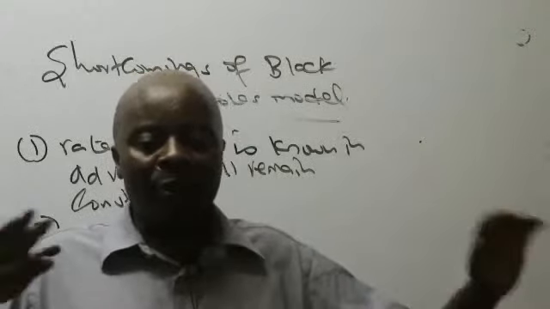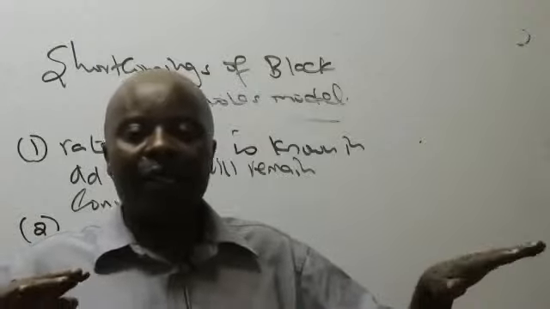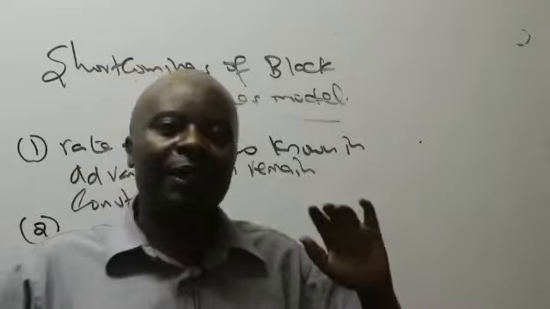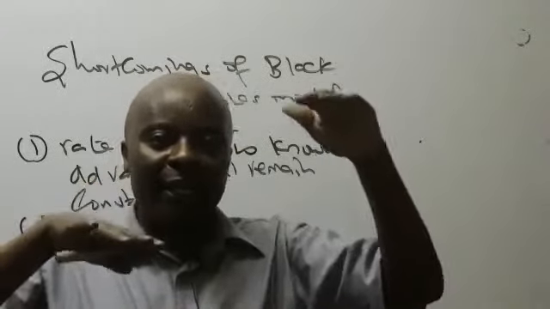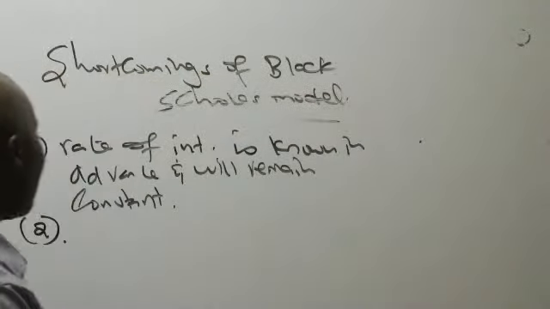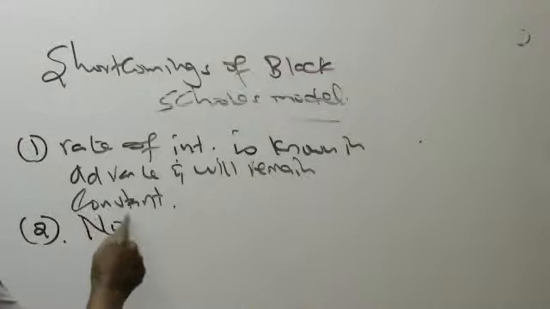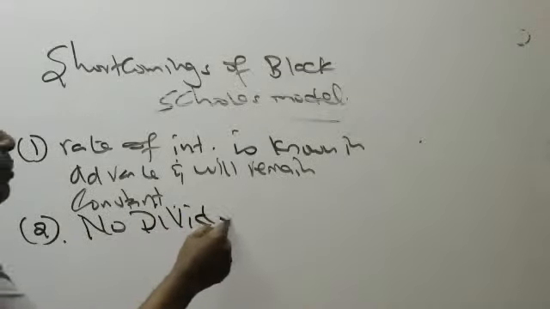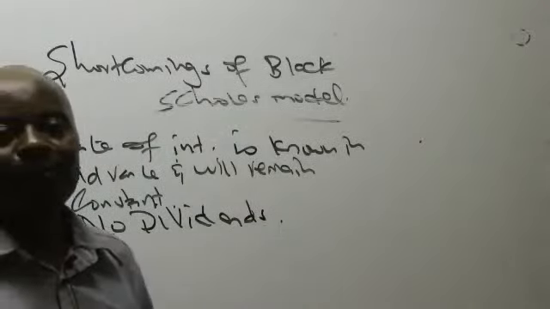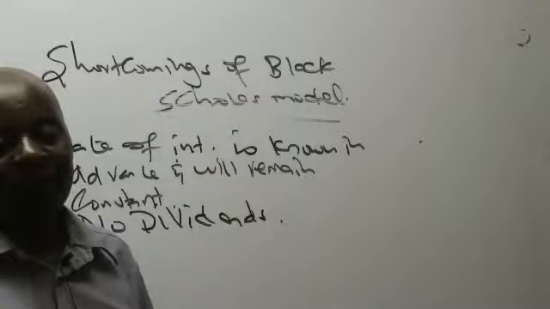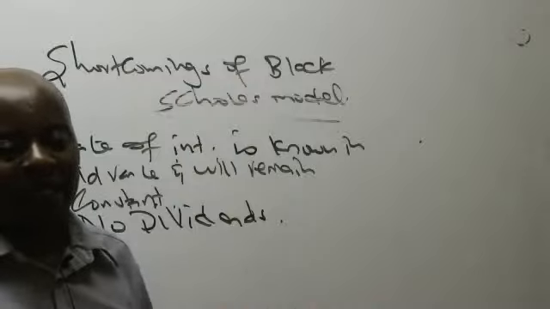All of them will keep on selling these options from one counterparty to another, because they're only looking at the capital gain. So it assumes that no dividends are being paid in the middle, which is very wrong.